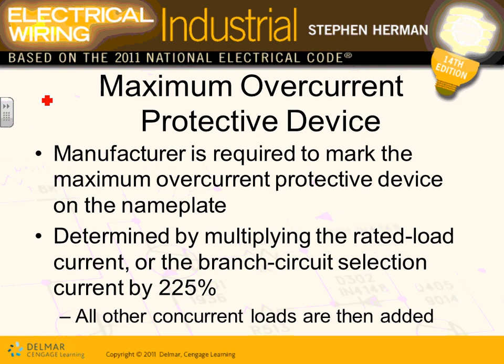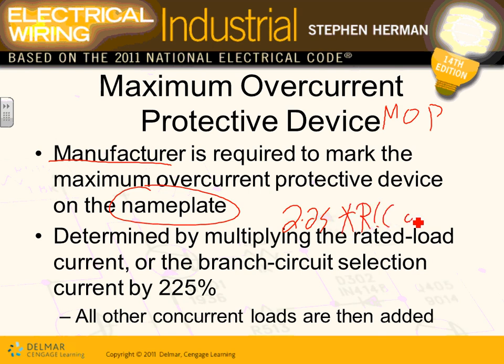Straightforward. There's something called maximum overcurrent protection device. The manufacturer always puts it on the nameplate, always. It's determined by 2.25 multiplied by rated load current or branch circuit selection current, whichever is larger.